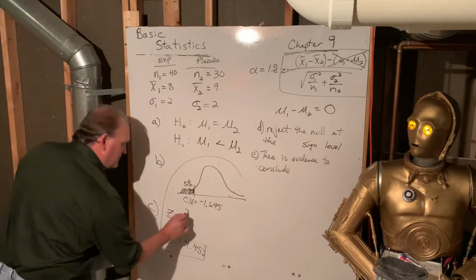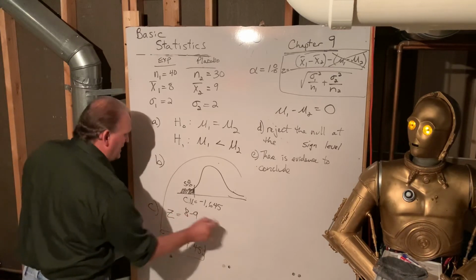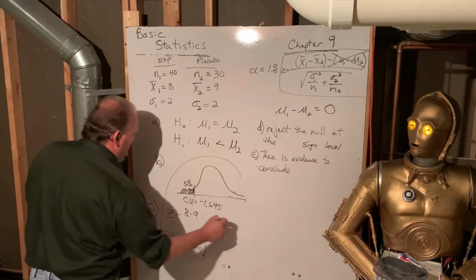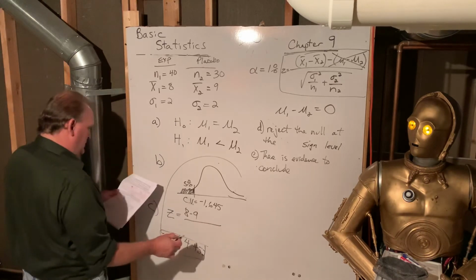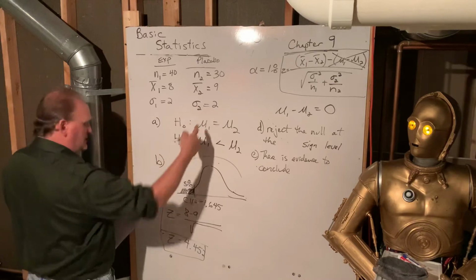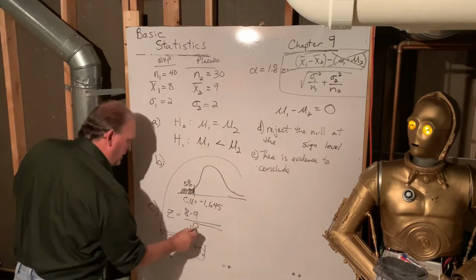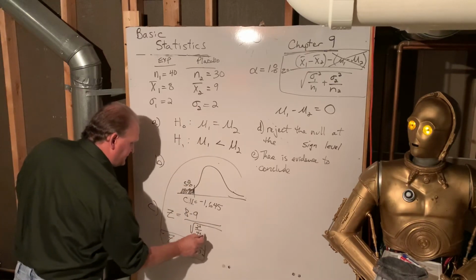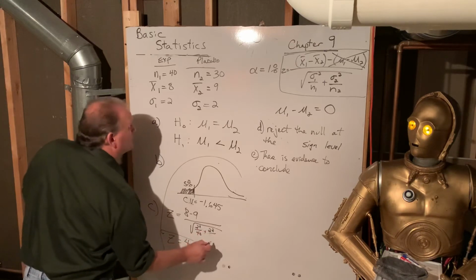All right, so this will be a little faster: 8 minus 9. You don't really have to put minus 0 unless you want to. And that's over the square root. Again, they gave us 2 as the population standard deviation for both. So 2 squared over 40 plus 2 squared over 30.